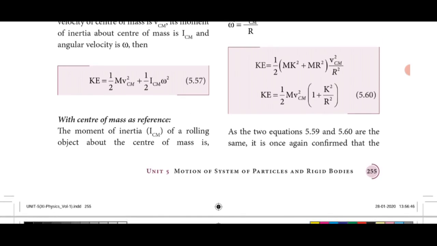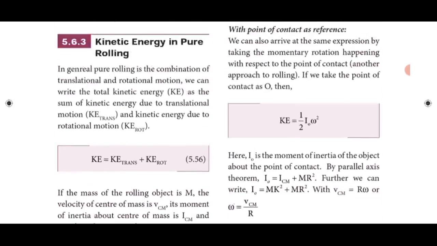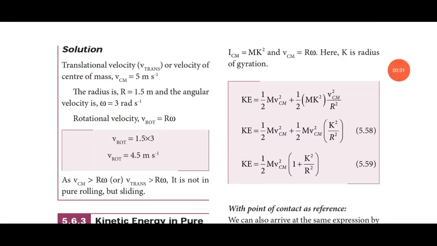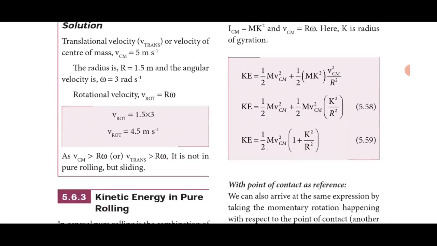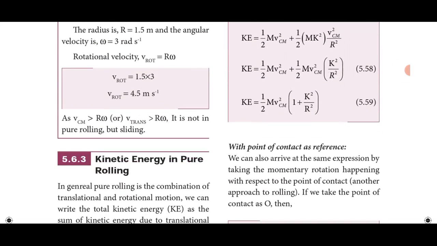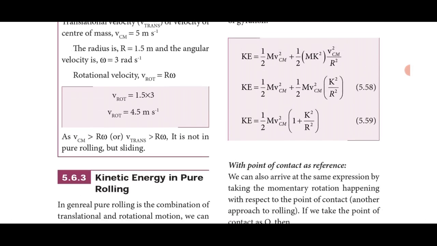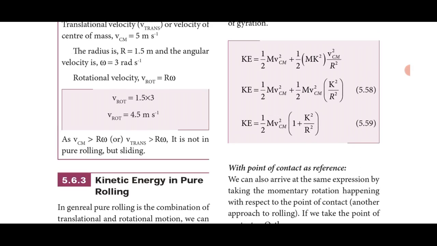With the center of mass as a reference, the moment of inertia of a rolling object about the center of mass is ICM is equal to M k square, and Vcm is equal to r omega. Here k is the radius of gyration. So KE is equal to (1/2) M Vcm square plus (1/2) M k square Vcm square by r square.